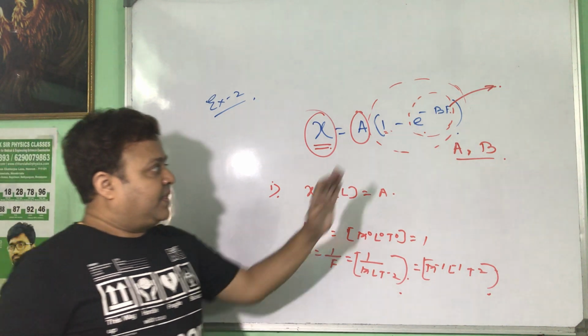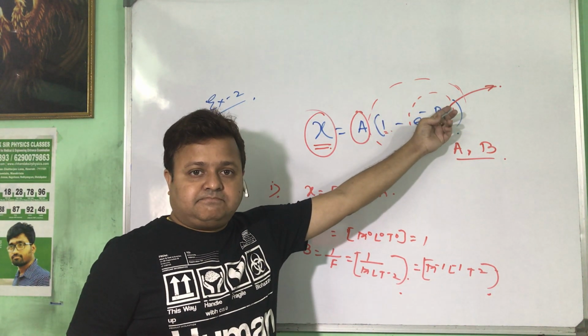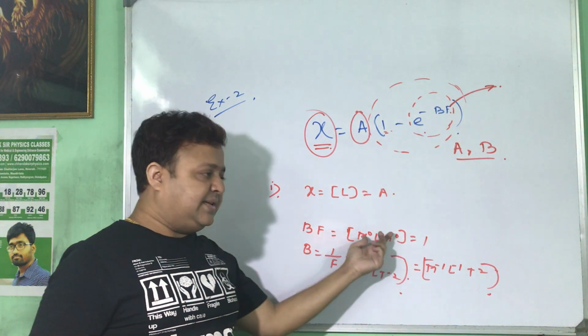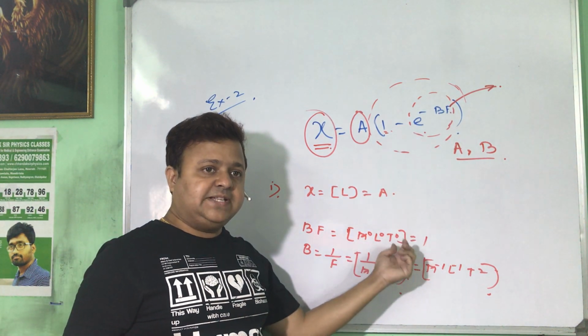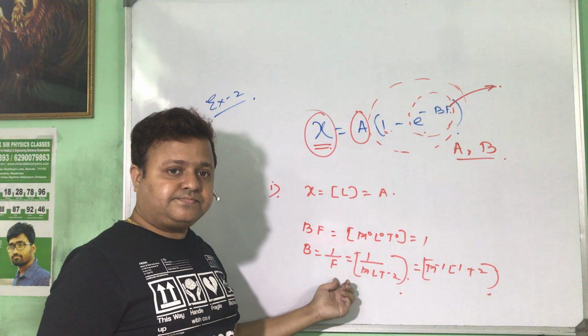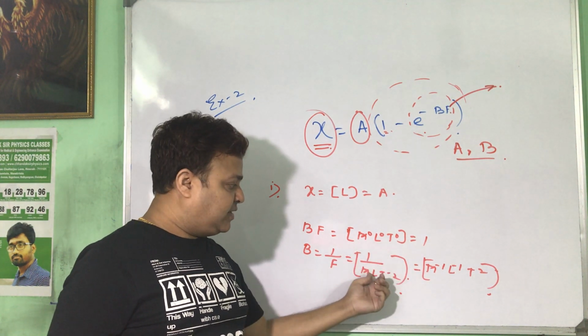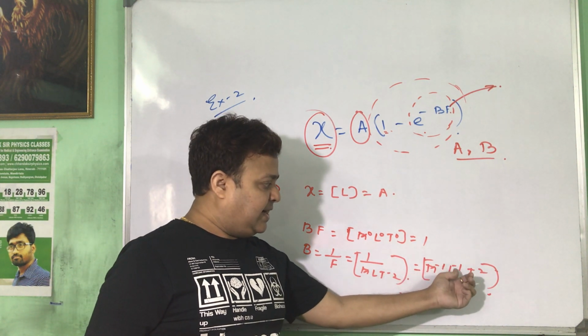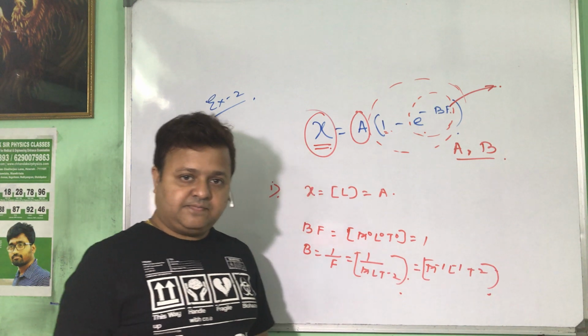Repeating again, B into F is the dimensionless quantity, so B becomes 1 by F, the inverse of force.